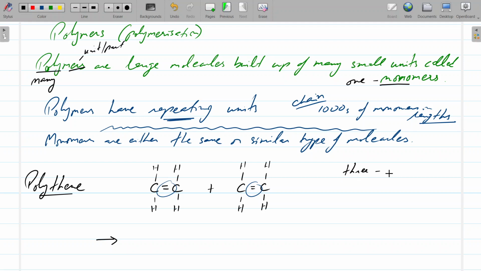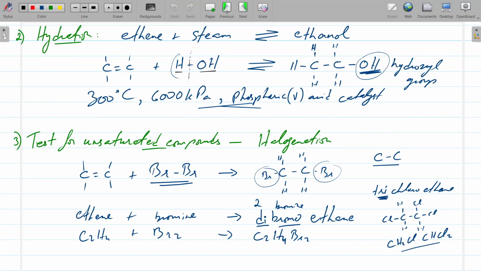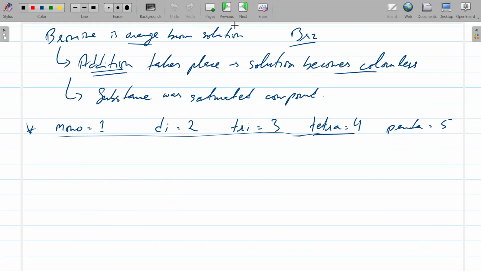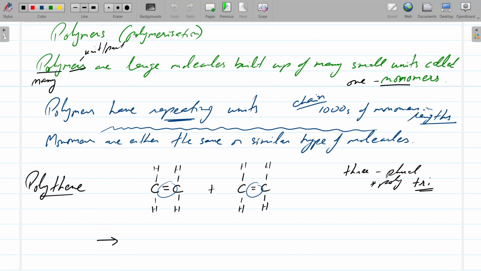When you have three, it's sort of plural, so you can say poly, although you have tri for it. Mono, di, tri, I gave that yesterday. You have tetra and penta and hexa.